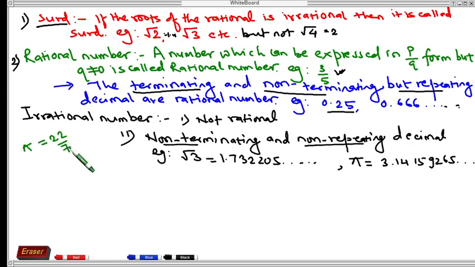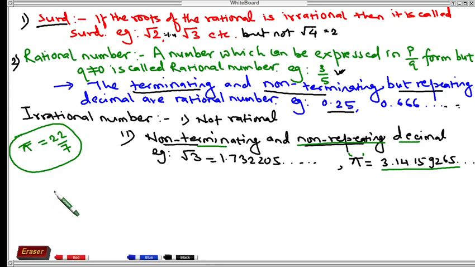It can be expressed in p by q form, q does not equal 0, so why is pi not a rational number? You may have that question, but 22 by 7 is the approximate value of pi. Pi is 3.14159, which is a non-terminating and non-repeating decimal. That's why it is an irrational number.